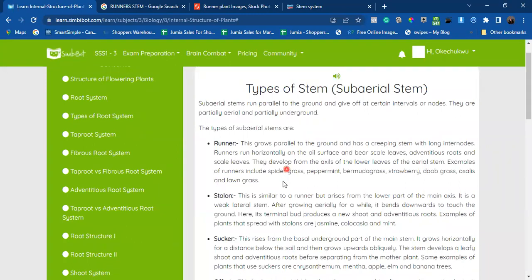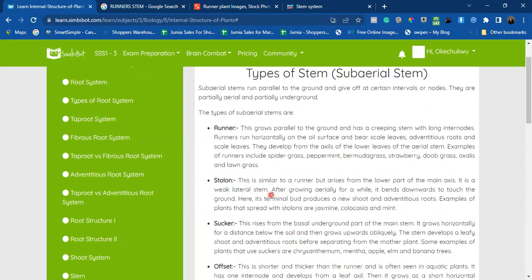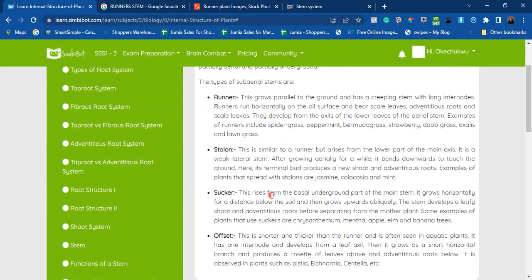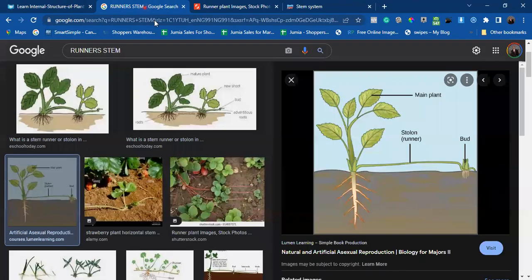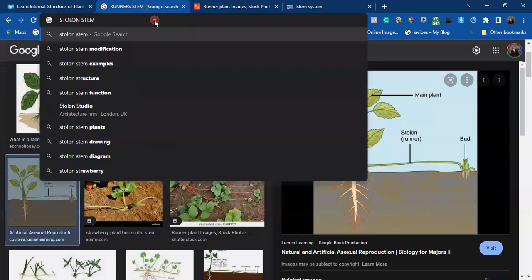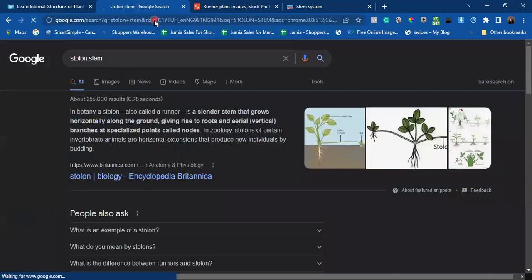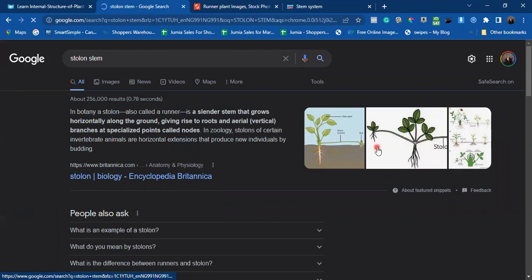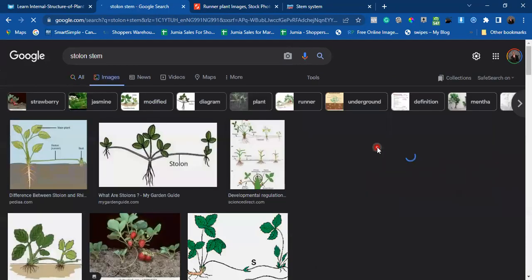Awesome. Now we have stolon. Let me show you also an example of stolon. Stolons are more like a runner.